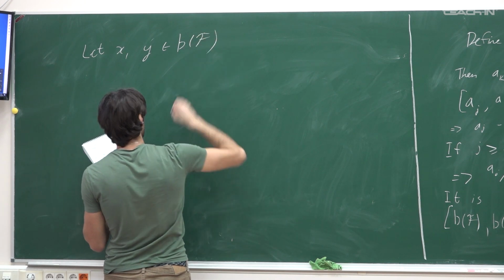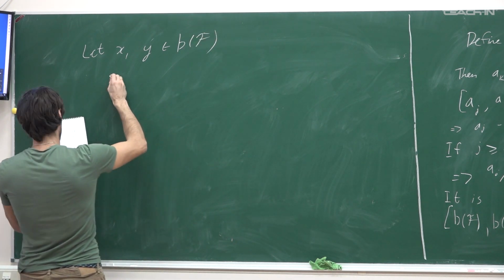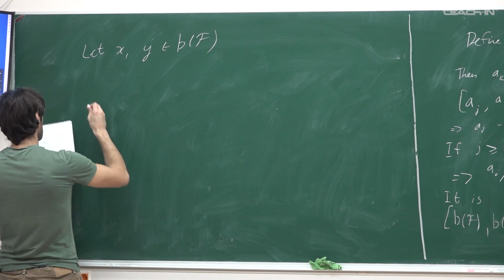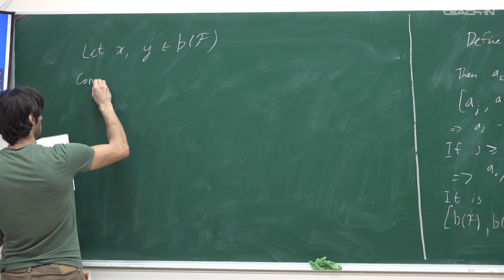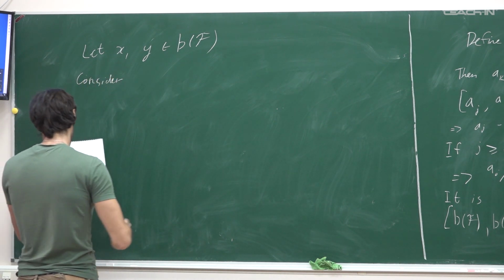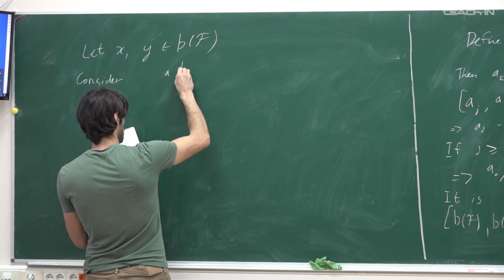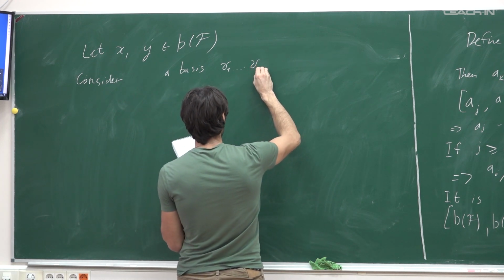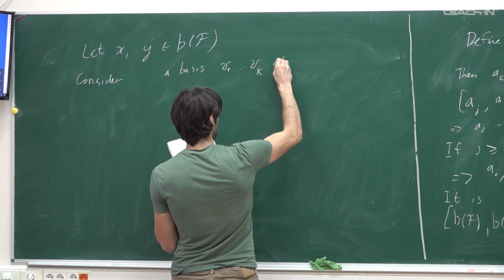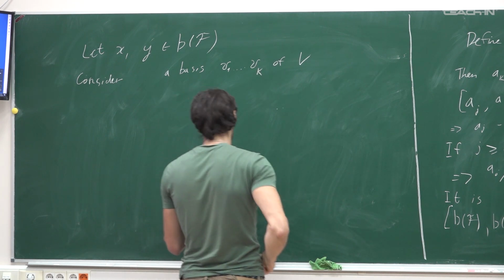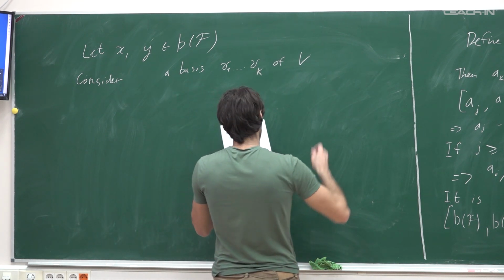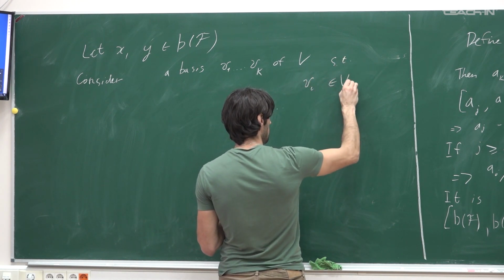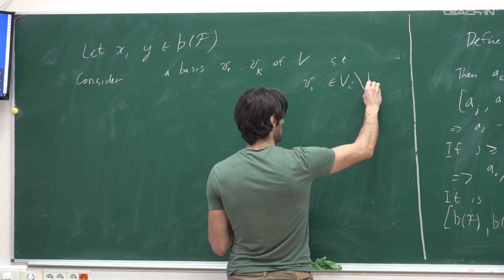Let me fix two elements x and y in B of F, and I will also fix a basis v_1, ..., v_k of V such that v_i is inside V_i minus V_{i-1}.